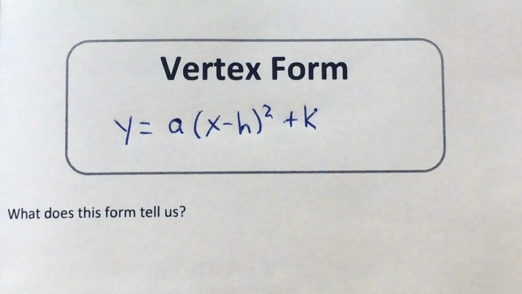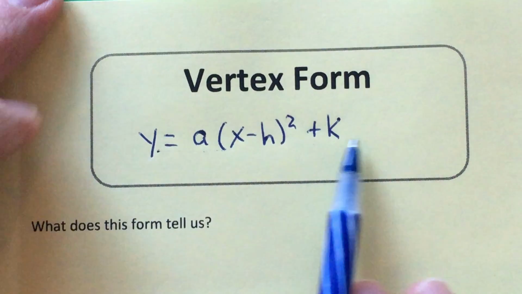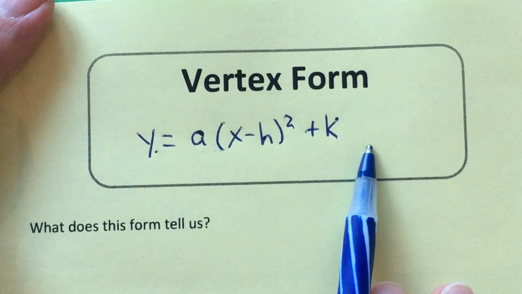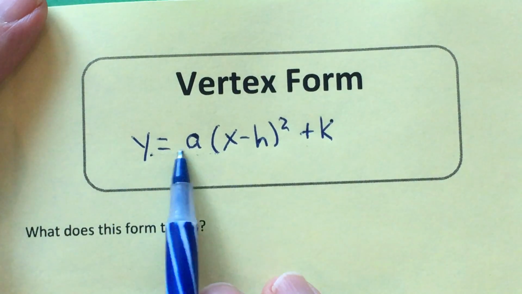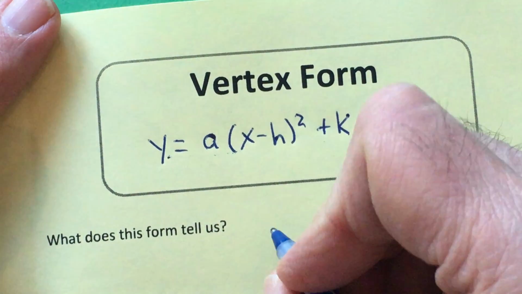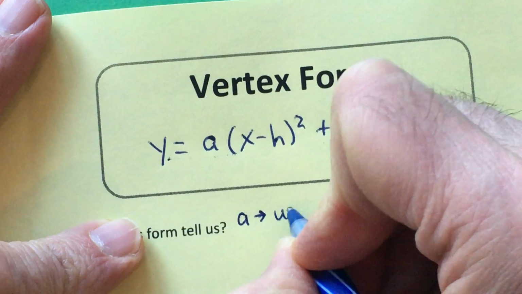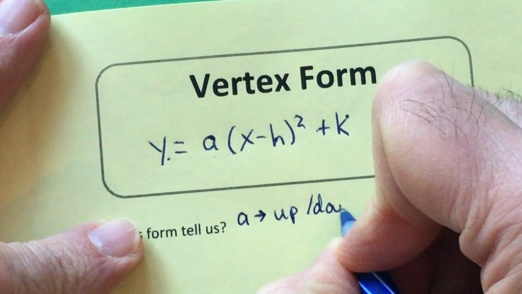Okay, so vertex form. This is your equation for vertex form: y equals a, parentheses, x minus h, squared, plus k. What does this tell us? Well, a tells us if it's up or down.